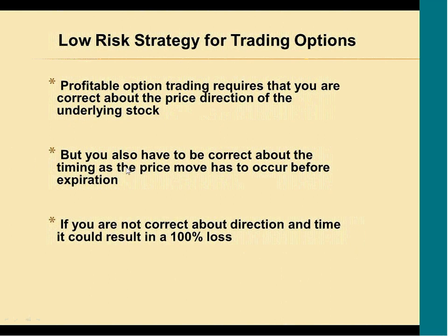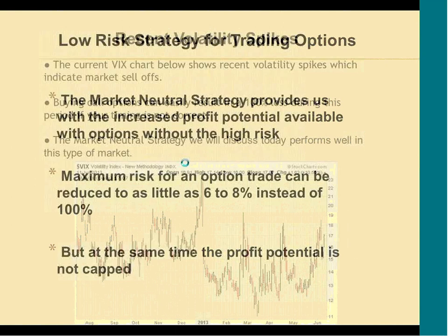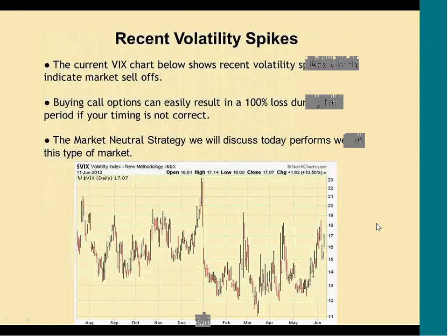Each one of these represents a sell-off in the market. So if you're buying call options and your timing is wrong and you get one of these market sell-offs, that results in a 100% loss on your option trade. The strategy we're looking at now has been performing well in this type of market, where you have these periodic sell-offs.